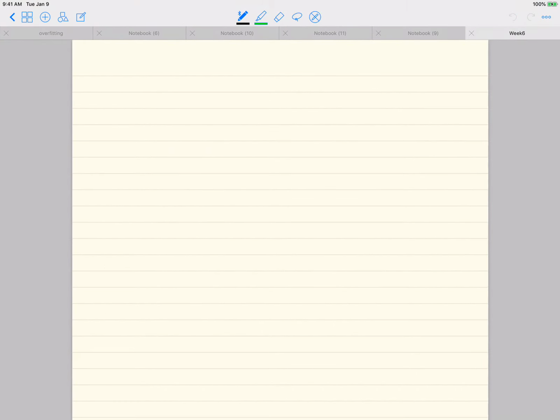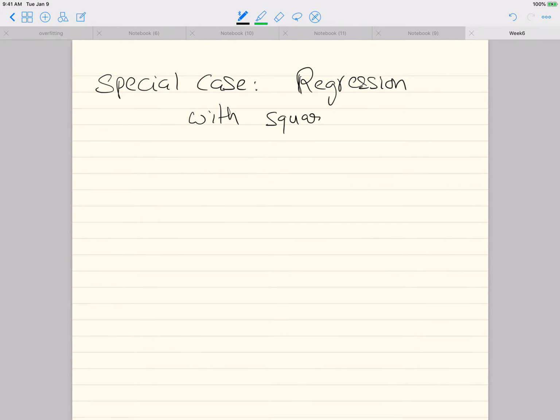Okay, so this brings us to the backpropagation algorithm. So we'll start with a special case. We'll assume that we are in the regression setting with squared error. The rest of it, basically the same ideas will apply to any neural network with any loss function, but to keep things concrete and simple, we will start with this case.